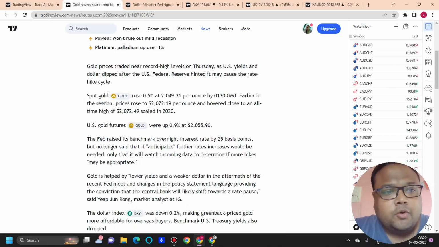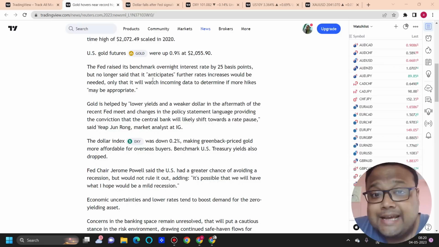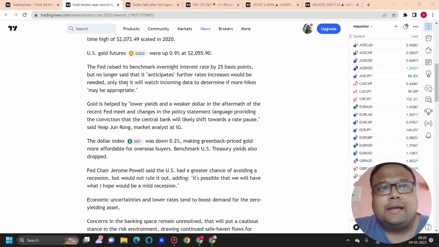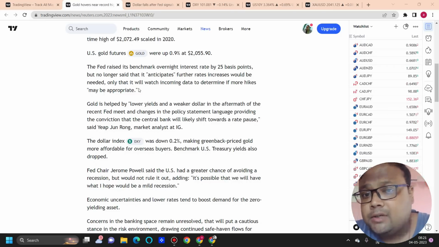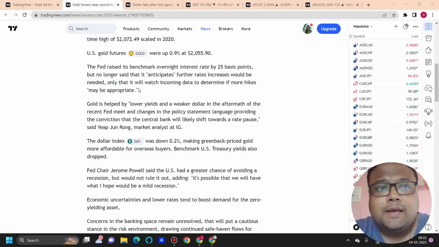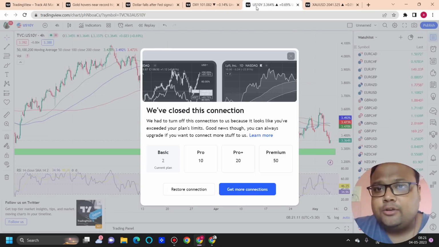The Fed raised its benchmark overnight interest rate by 25 basis points, but no longer said that it anticipates further rate increases would be needed, and only that it will watch incoming data to determine if more hikes may be appropriate.